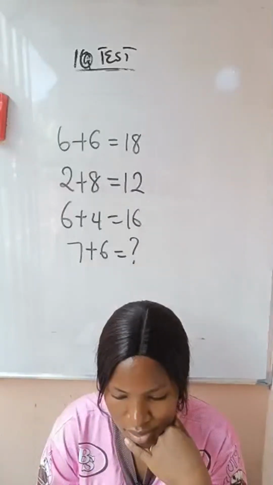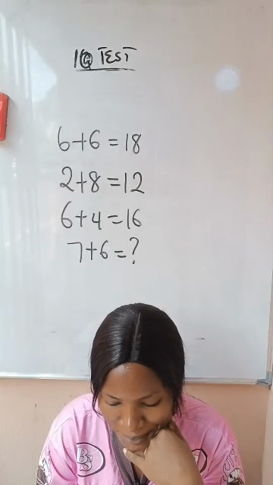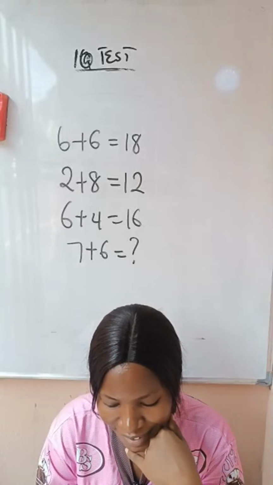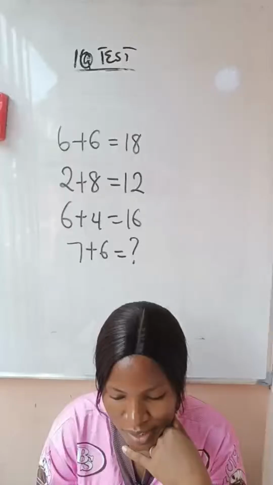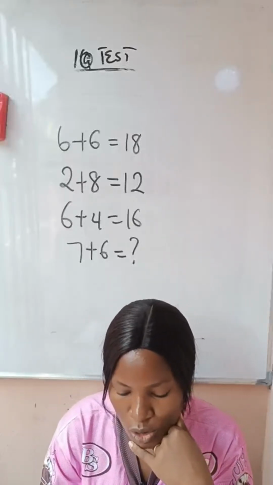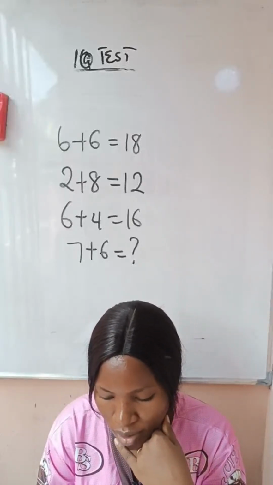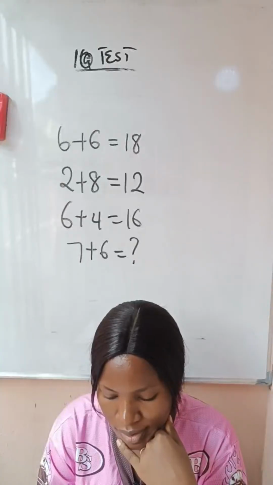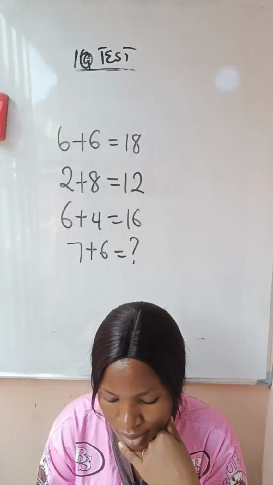All right. So if 6 plus 6 is 18, 2 plus 8 is 12, 6 plus 4 is 16. Can you do a hard one that you only need math for?